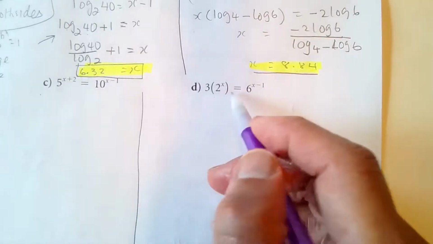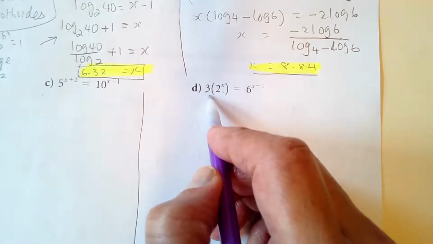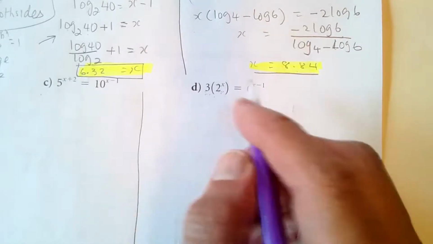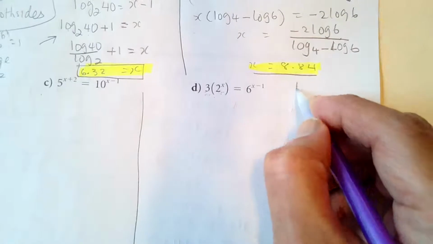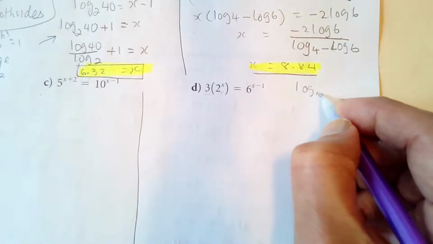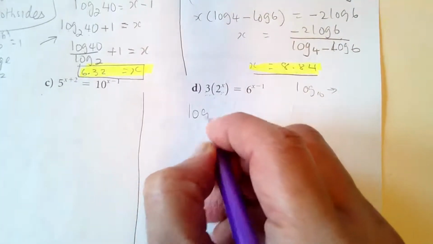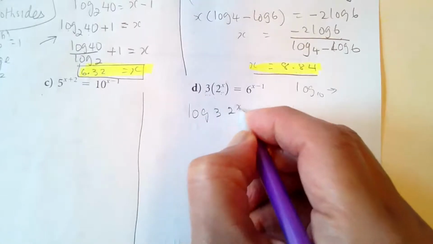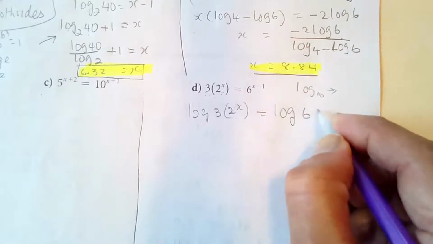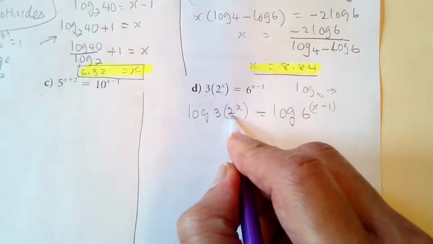So here we have the first step you want to do. This is expand, to simplify, this becomes using the product law. And we want to write this as log base 10. Take log of both sides. So both sides is log base 10. So we have log 3 times 2 to the x is equal to log 6 to the x minus 1. Now here we expand.